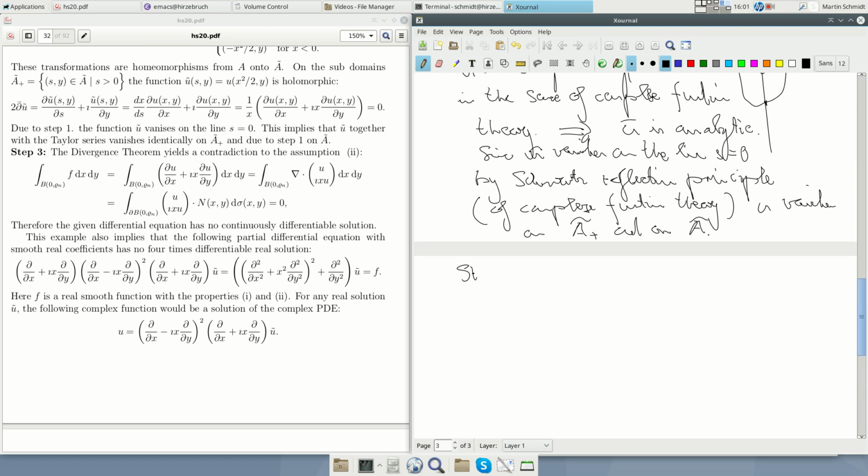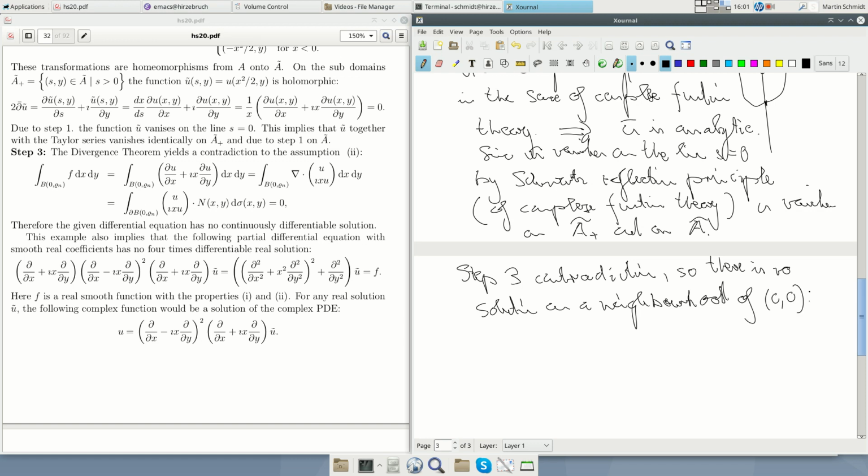Okay, step 3, contradiction. So there is no solution on a neighborhood of 0, 0.